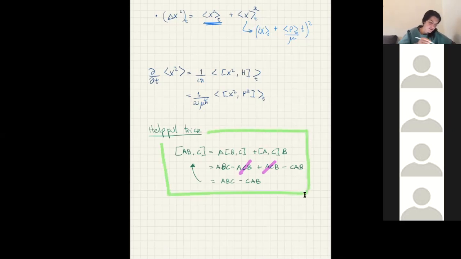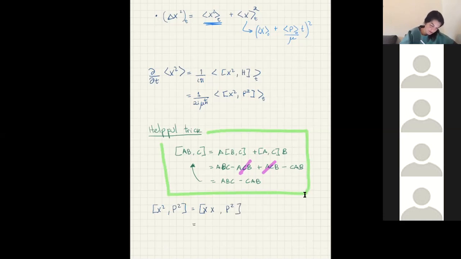Helpful trick. Then we need to compute x squared and p squared. Okay. And I'll just write this as, for example, x x p squared.